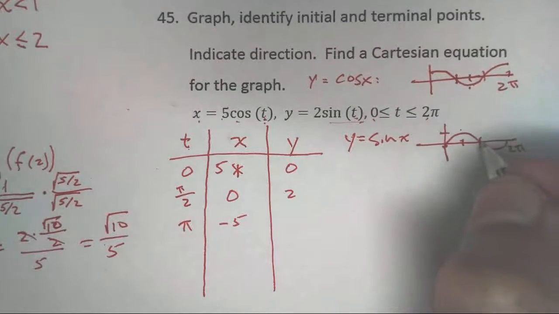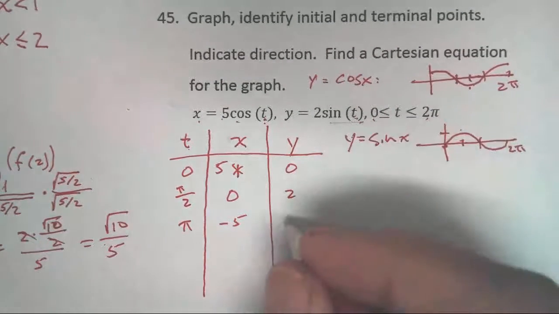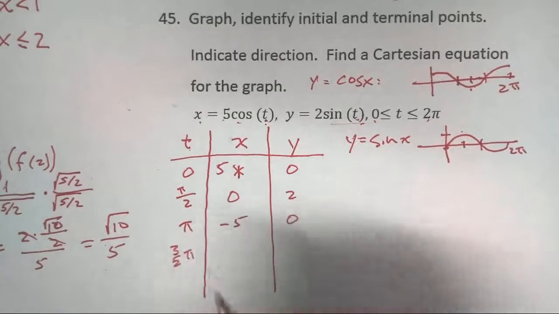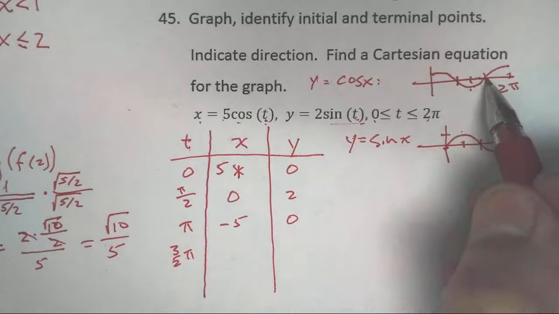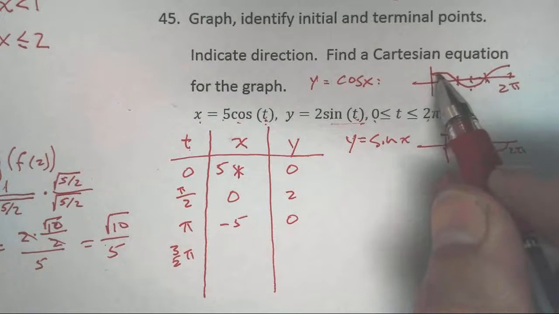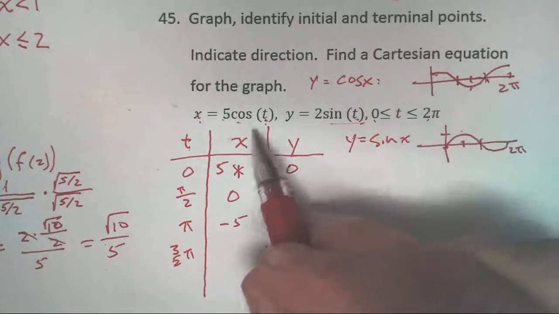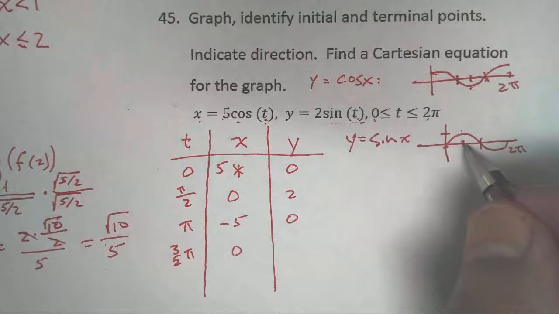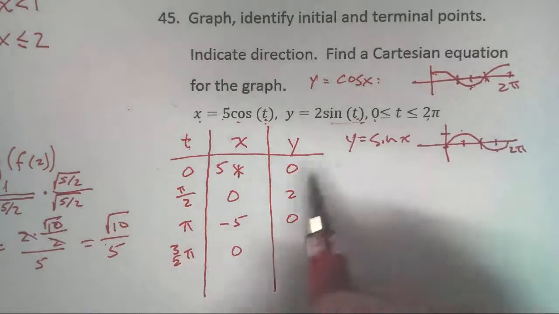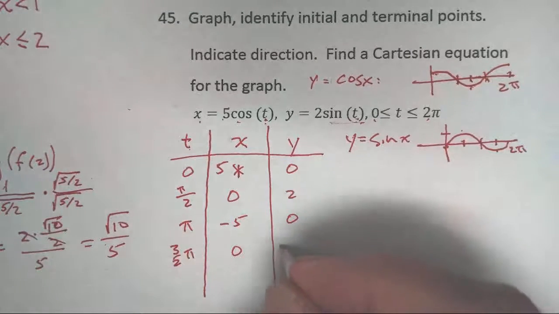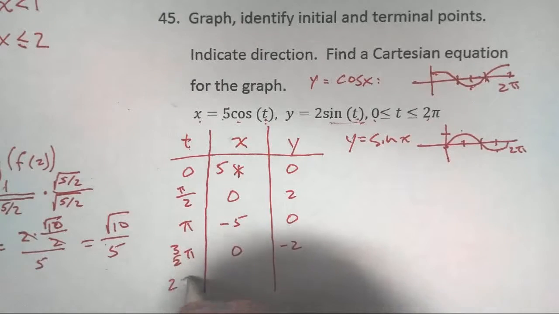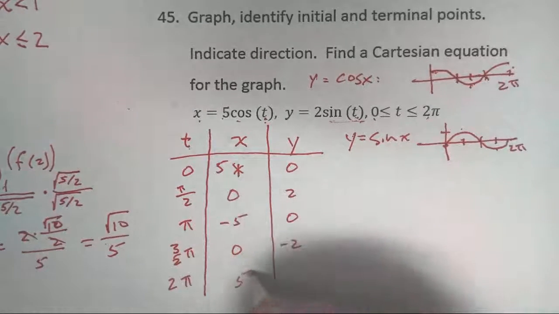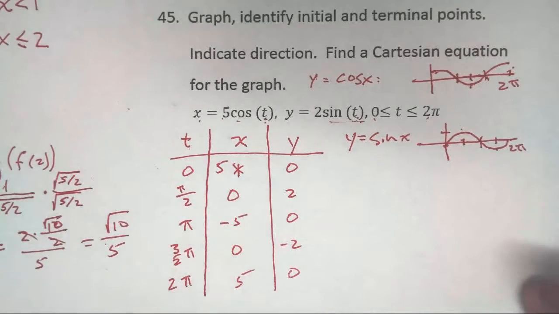Sine of pi is 0. 0 times 2, 0. Let's go to 3/2 pi. Cosine of 3/2 pi is back to 0. 0 times 5, 0. Sine of 3/2 pi is down here at -1. -1 times 2, -2. And when I get to 2 pi, I'm back to the same values I had at 0: 5 and 0.